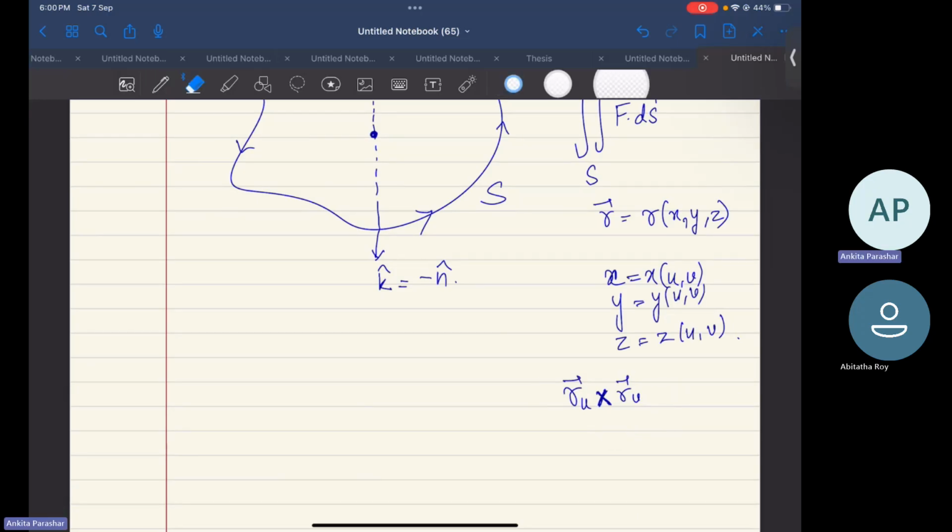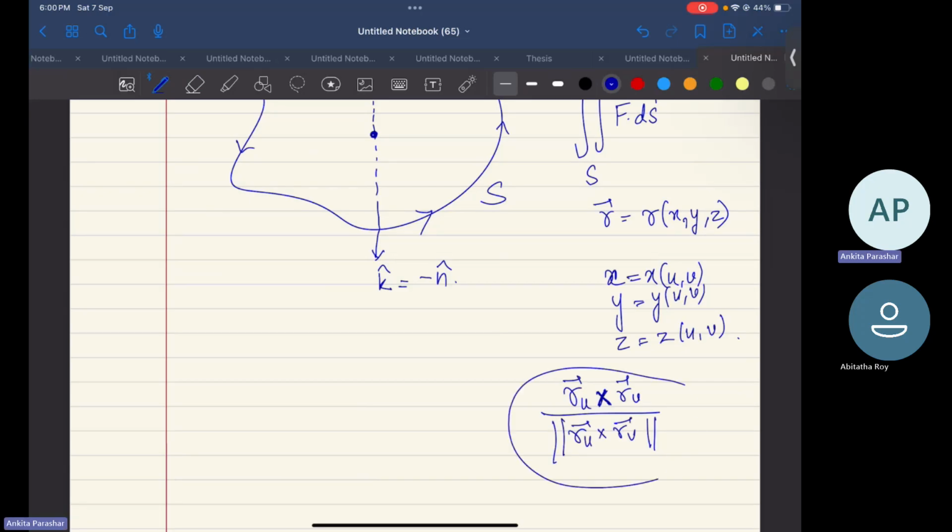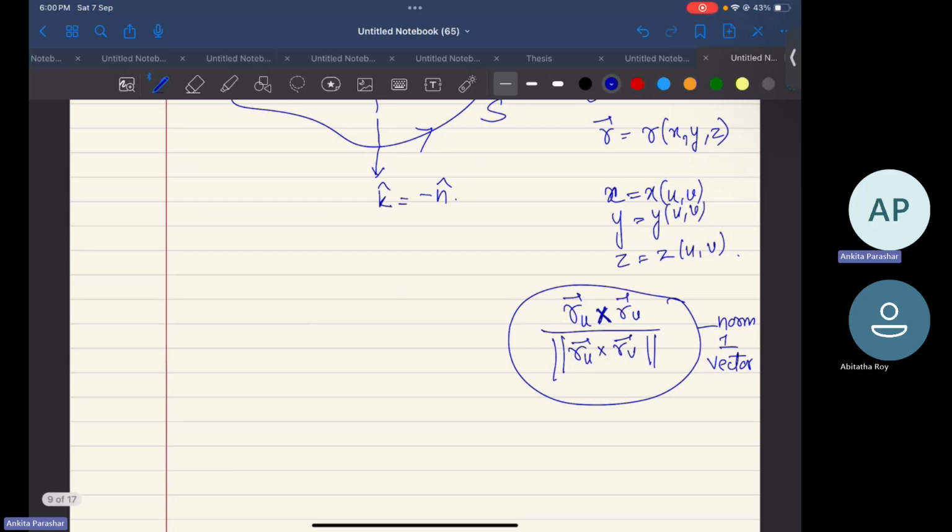But since we are working with the unit normal vector, we will simply divide this by the norm of r_u cross r_v. This norm will make sure that it is a norm 1 vector. So basically, this is nothing but the unit normal vector to the surface which has been parameterized now.